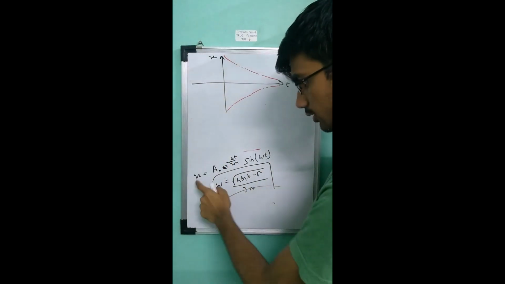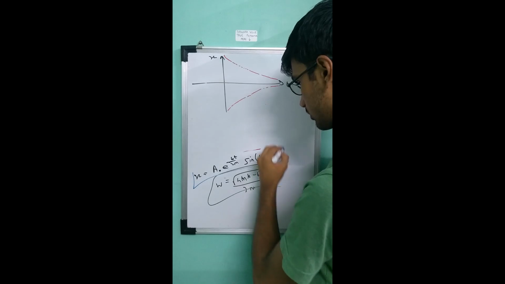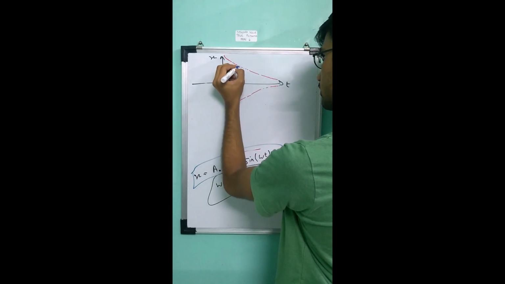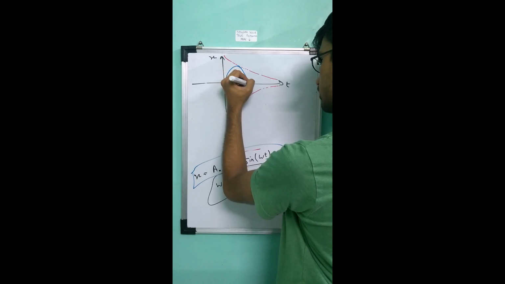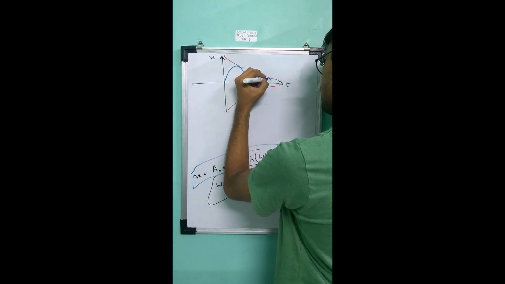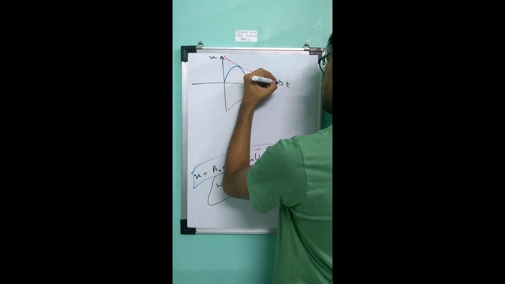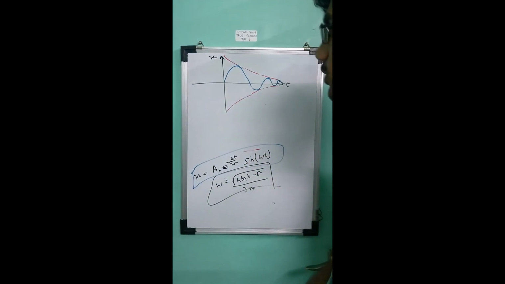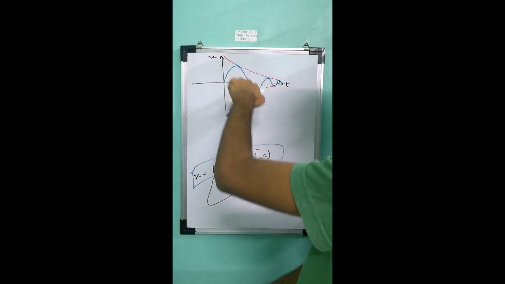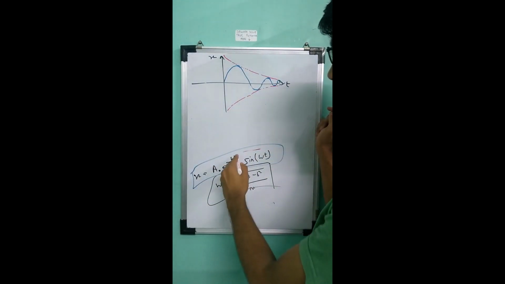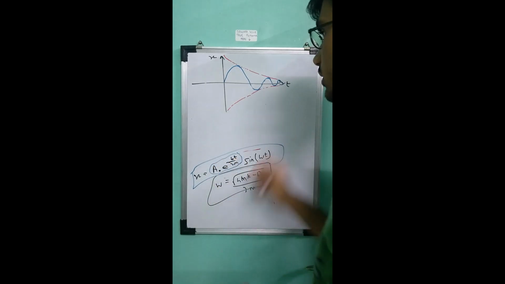The graph in this case will go something like this. So you see that the motion is still oscillatory, but its amplitude keeps decreasing with time. You can consider this as the amplitude.